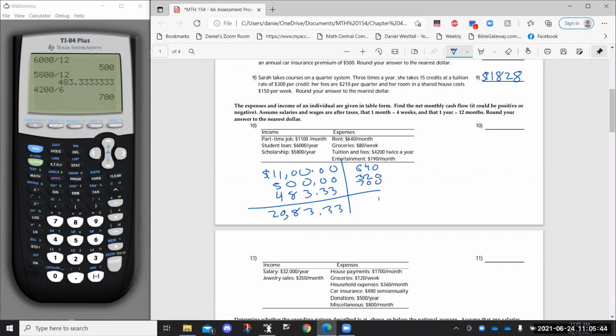And then this is going to be $190. So these are all negatives here because those are expenses. 6, 15, 7, 10, 18. So we're going to take 20,800. Sorry, not 20,000.